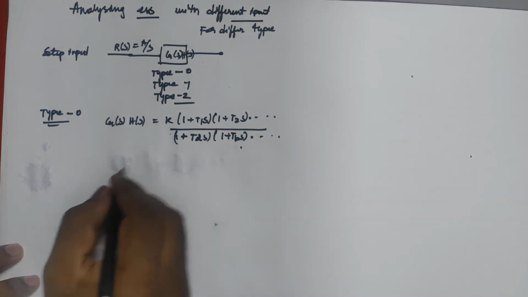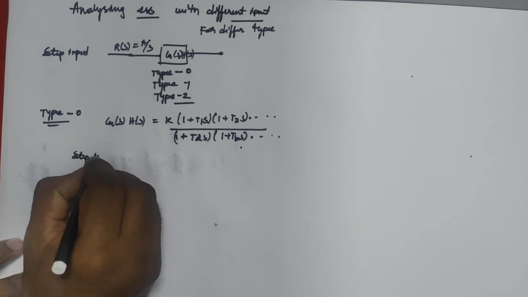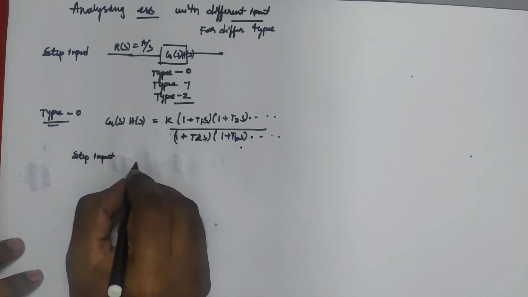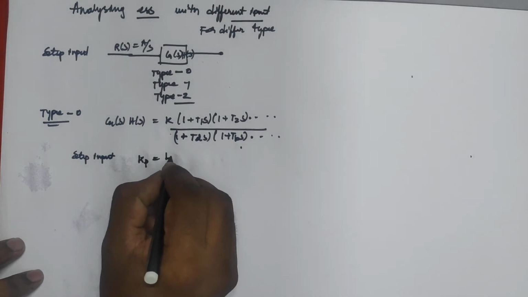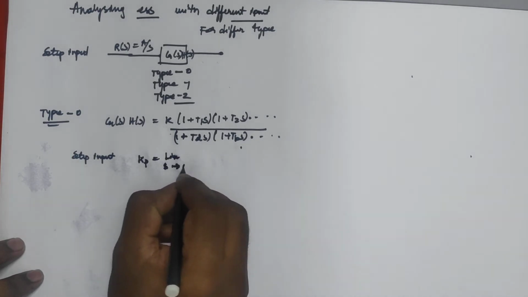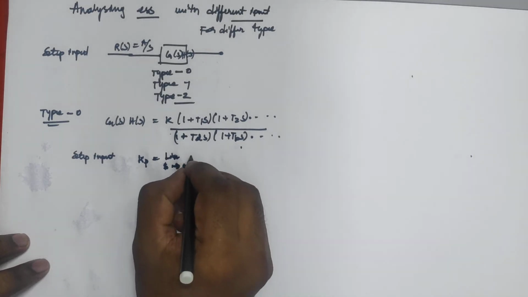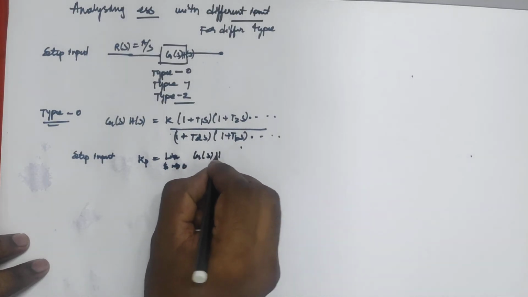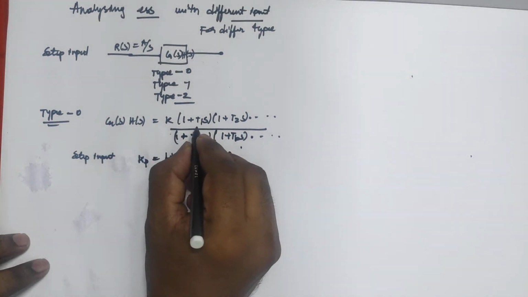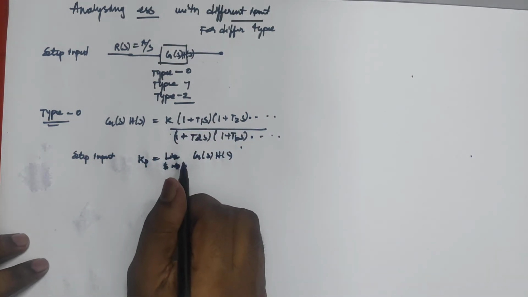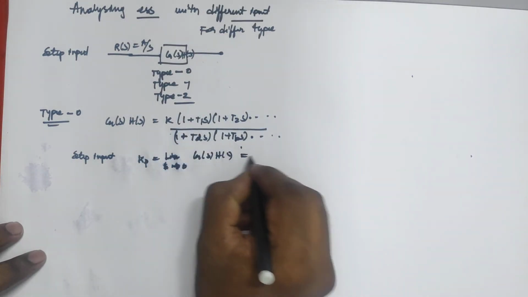Now we know that for step input, the coefficient we have is the position error coefficient, that is Kp equal to limit s tends to 0 of G(s)H(s). If you substitute s tends to 0 here, the whole s terms will get cancelled and we'll end up with the K value.